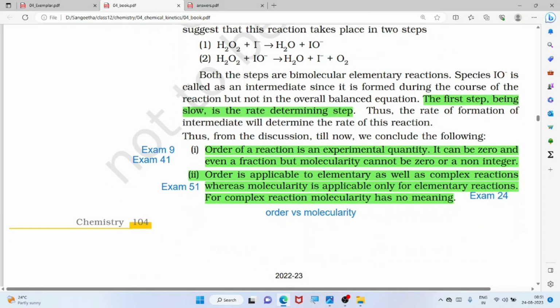So the order is applicable to elementary as well as complex reactions, whereas molecularity is applicable only to elementary reactions. For complex reactions, molecularity has no meaning because it occurs in several steps.